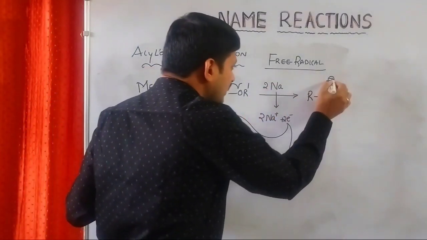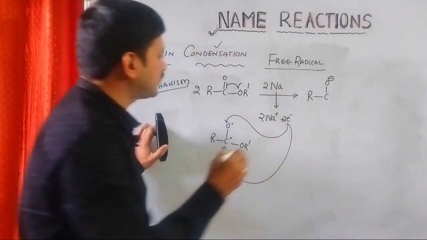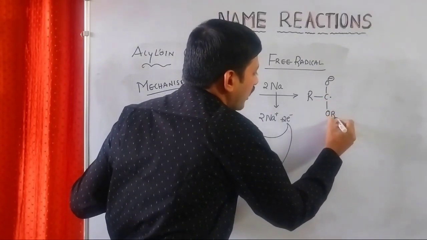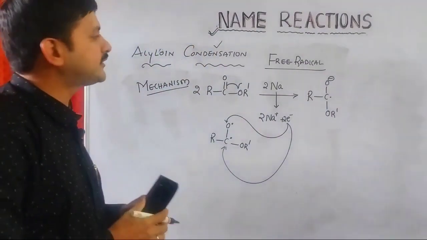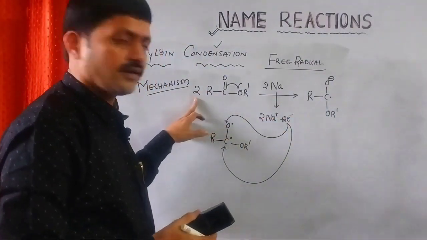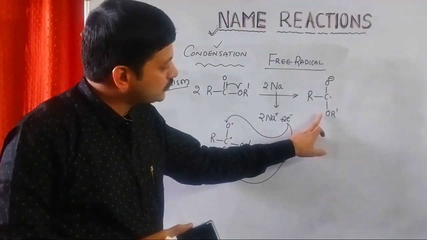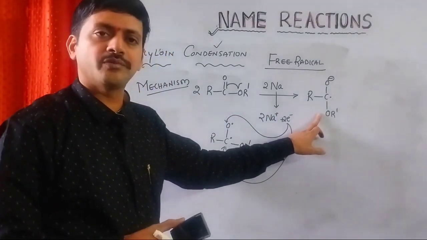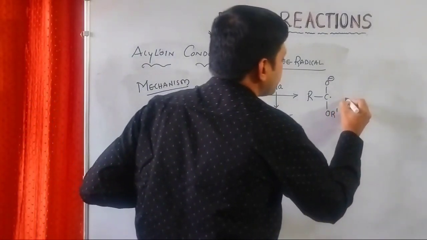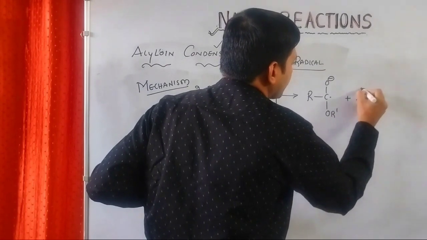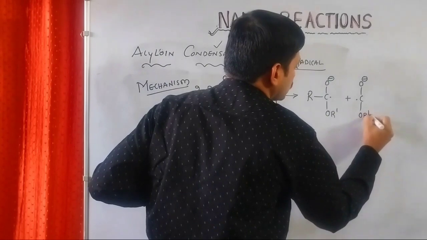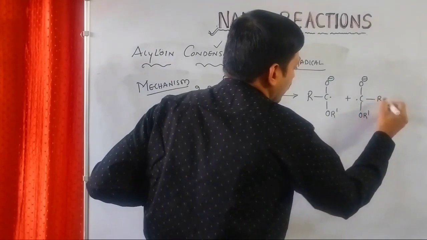So it creates a minus charge at the oxygen and we have RC radical and OR dash. This is with one reactant, but we have two reactants. That's why these kind of species are going to be produced, right? The second species, for convenience, I am writing in this way: O minus, OR dash and R.